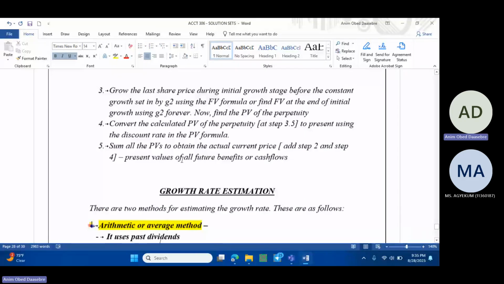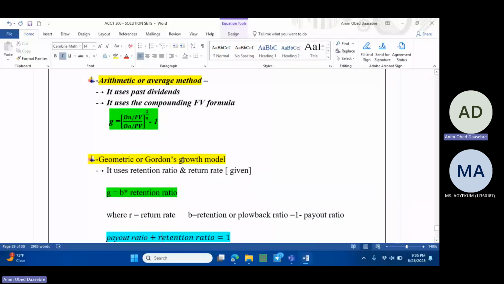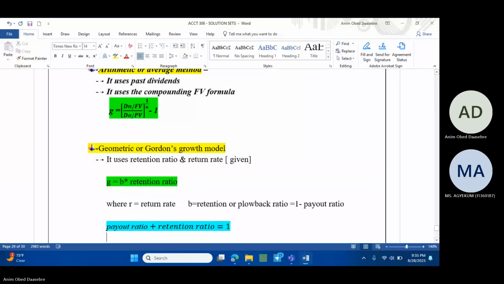Then another way, if you don't have past dividends and you have your retention ratio and your return rates, you can use the Gordon's growth model. So this one uses retention ratio. In the question, if you have your retention ratio and your return rates, then you can use this formula to find your g.